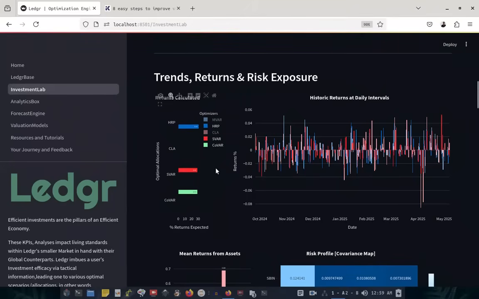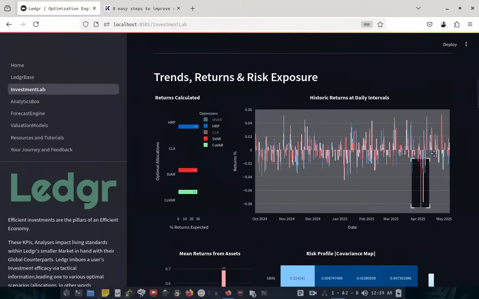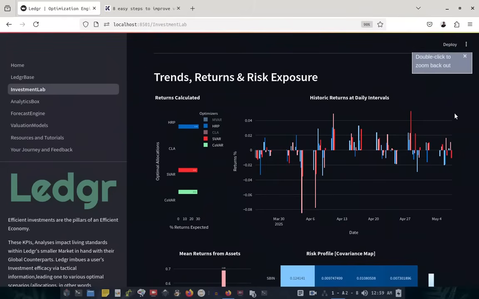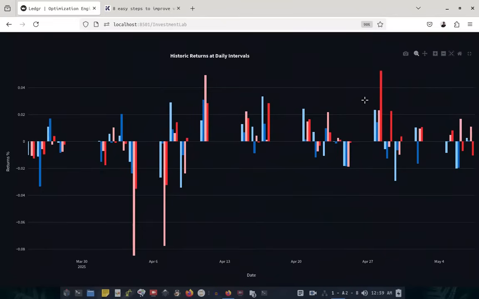Now on the right is something very important, which is how have these stocks performed on a daily interval basis historically. And let us focus on this region. Yeah, there you see, you can just make it full screen, and then you see every cluster is a day.